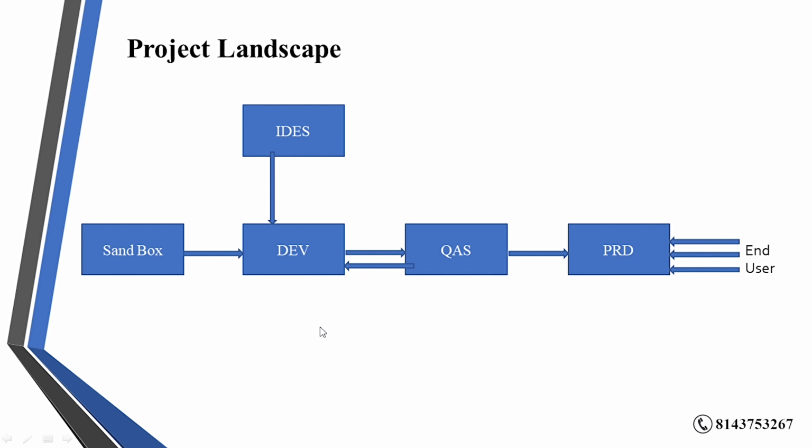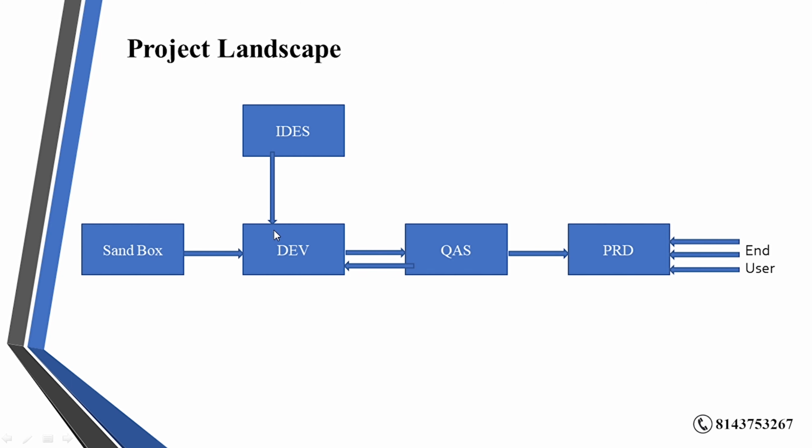Okay. Once the user acceptance is done, it will move to production. If an object is moved to production, it won't revert back to dev. If there are any issues in production, then we need to design again from development itself. Okay. So the end user will access only the production system.